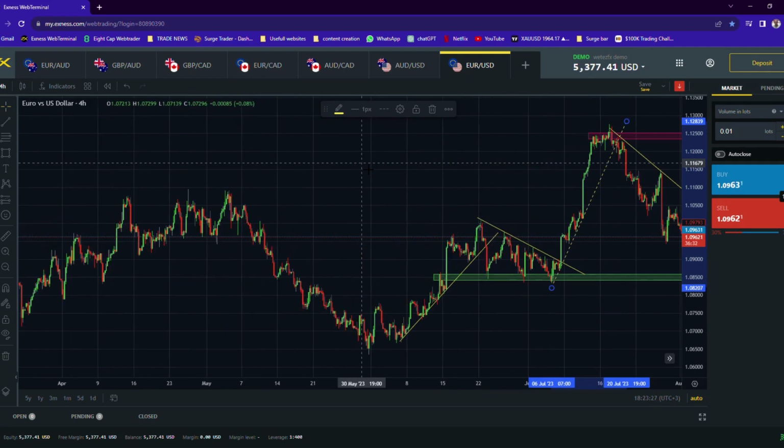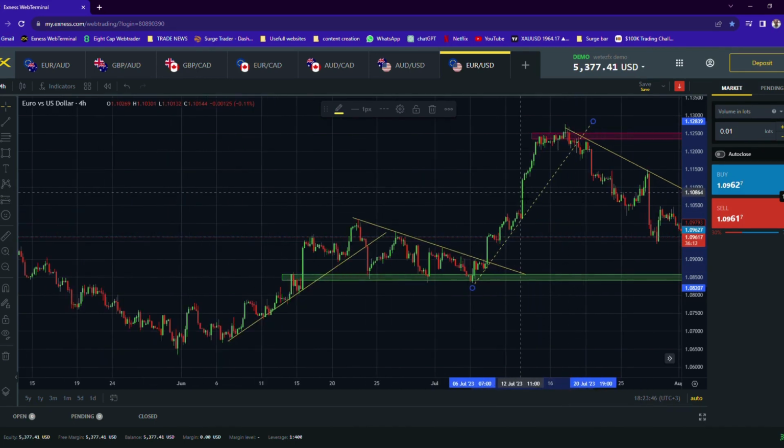Or you will target the highest high on the chart. Now here the highest high will be 150 pips, which could have made a very good 450. So that could easily be a 1 to 3 risk return.